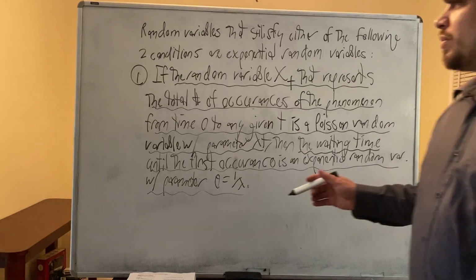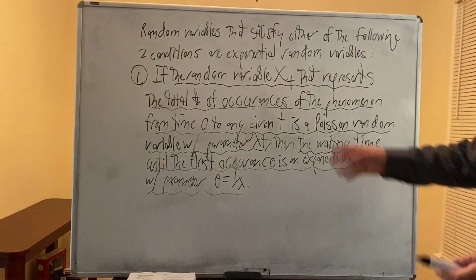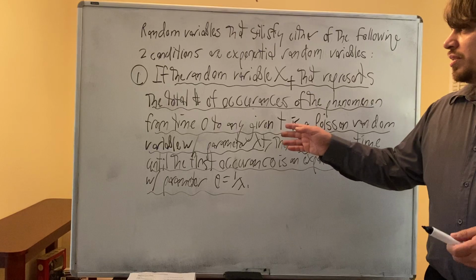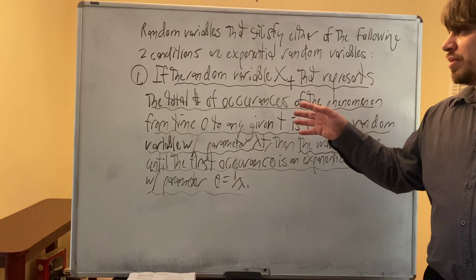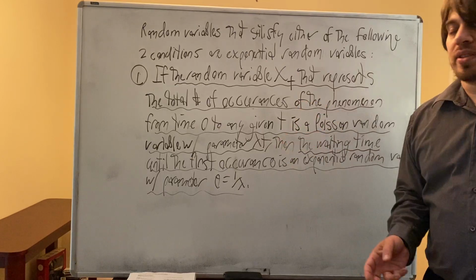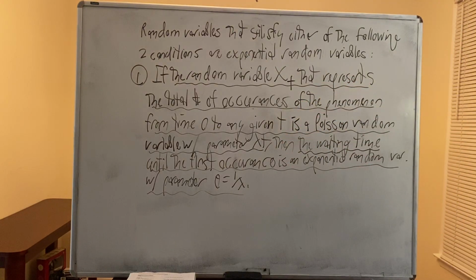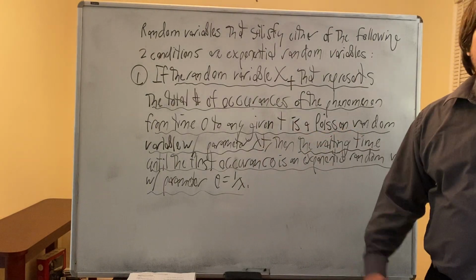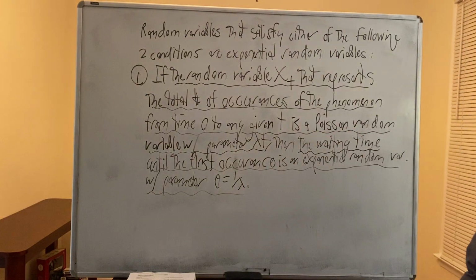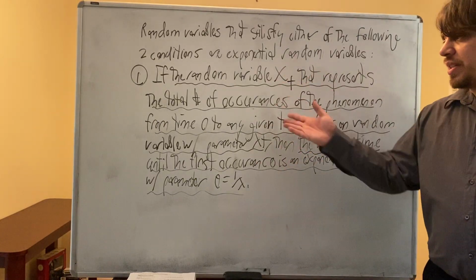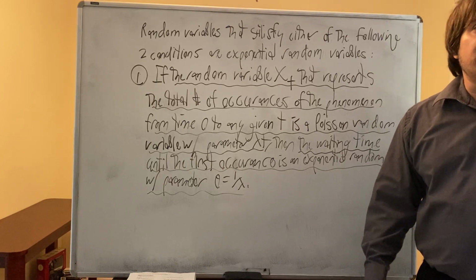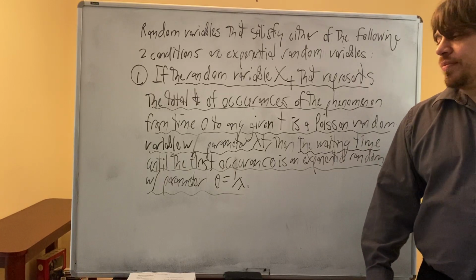Okay, so here we're finding the total number of occurrences from 0 to some time t, right? So let's say the time t was an hour, and let's say it happened 5 times in an hour. So that would be 5 times every 60 minutes. Theta is kind of like telling you the average amount of time between occurrences. So if 5 were to happen in an hour, then on average it would happen 1 every 12 minutes.